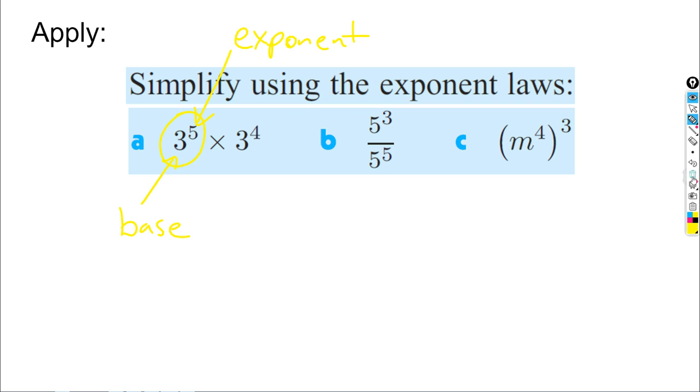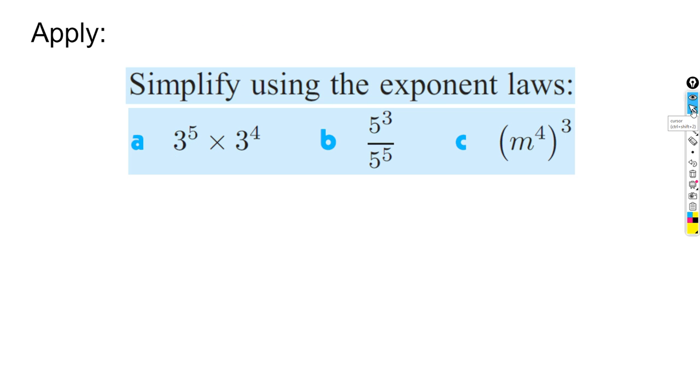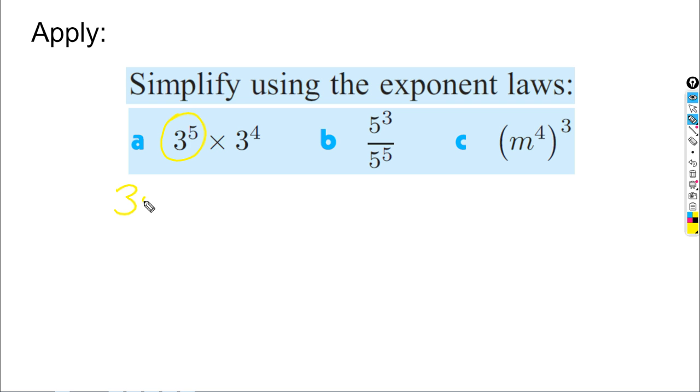So in our first example, in this first part here, we have a base of 3 and an exponent of 5, so we have 5 3's. The exponent again counts how many bases. 5 3's getting multiplied. So a 3 times a 3 times another 3 times another 3 times another 3.